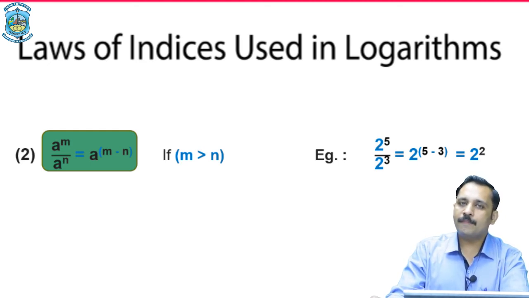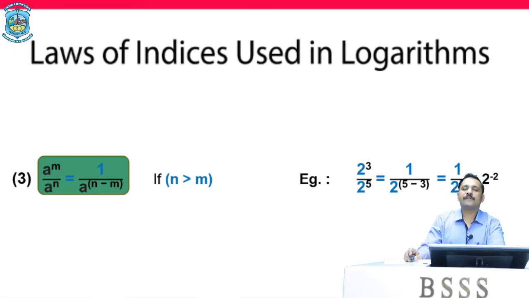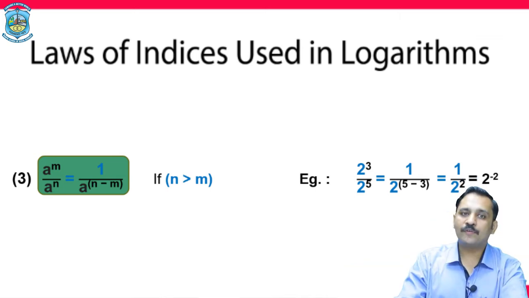If we have a raised to power m divided by a raised to power n, then if the value of m is more than n, I can write it as a raised to power m minus n, that is powers are subtracted. For example, 2 raised to power 5 divided by 2 raised to power 3, the answer is 2 raised to power 5 minus 3, that is 2 raised to power 2. Next, we have a raised to power m divided by a raised to power n. If the value of n is more than m, then we have 1 upon a raised to power n minus m.